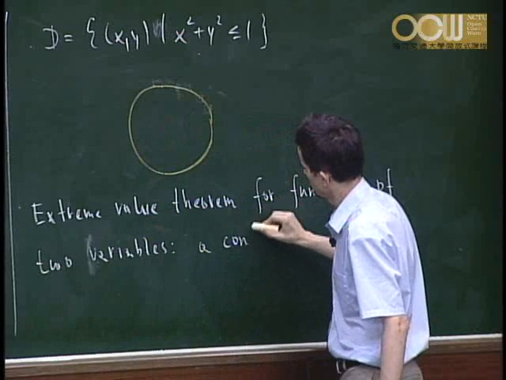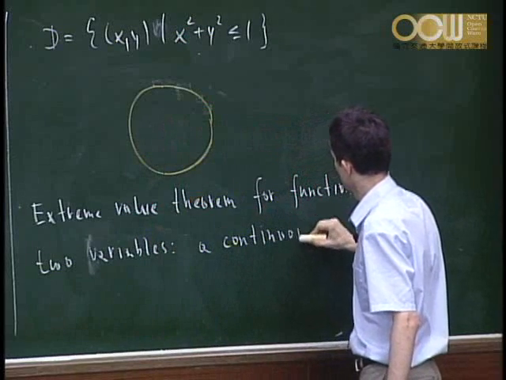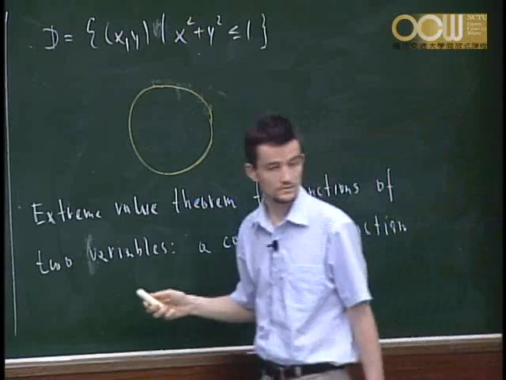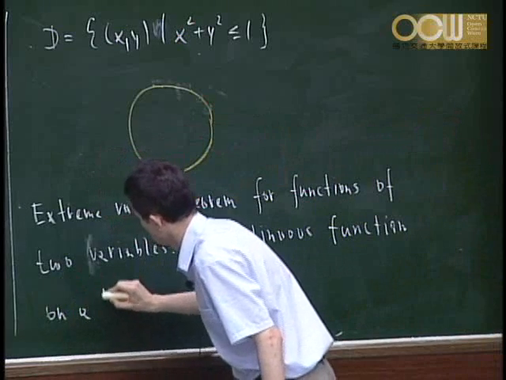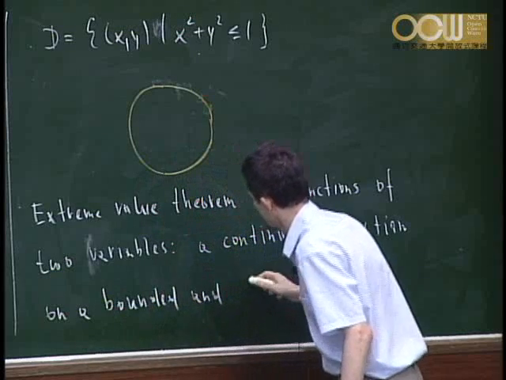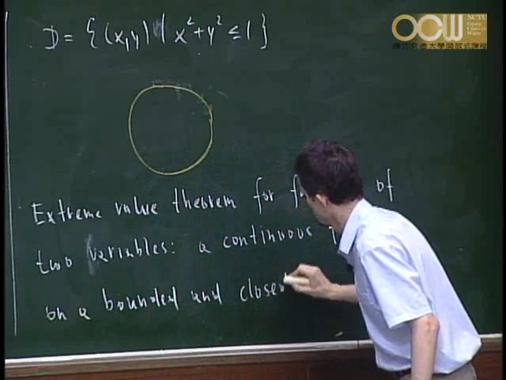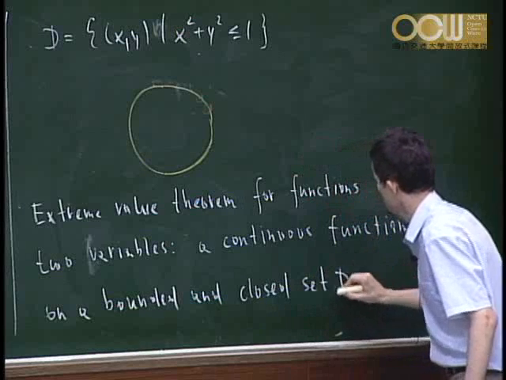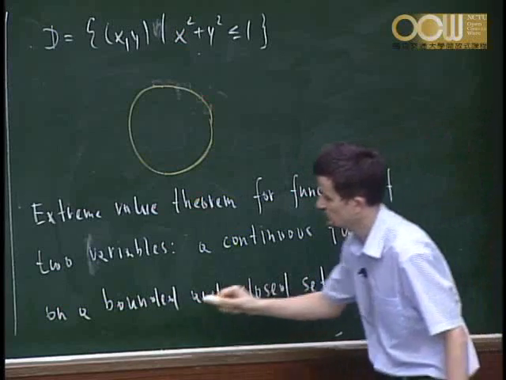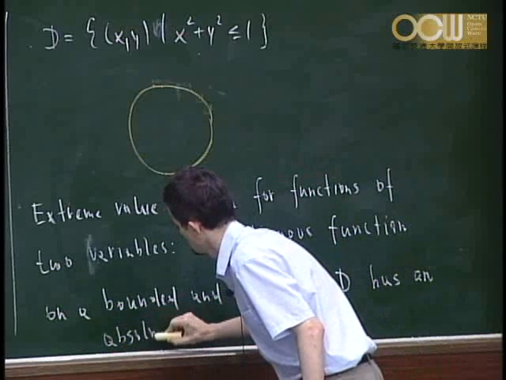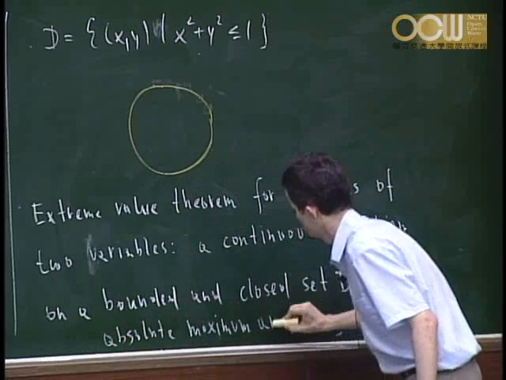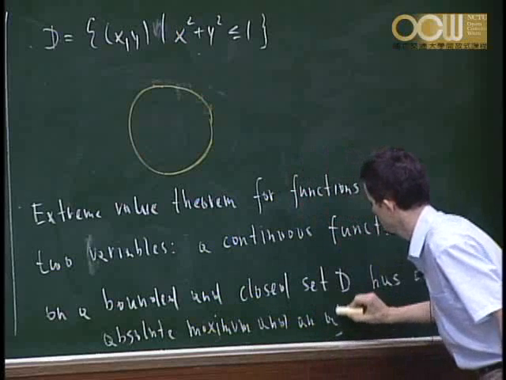A continuous function on a bounded and closed set D has an absolute maximum and an absolute minimum.